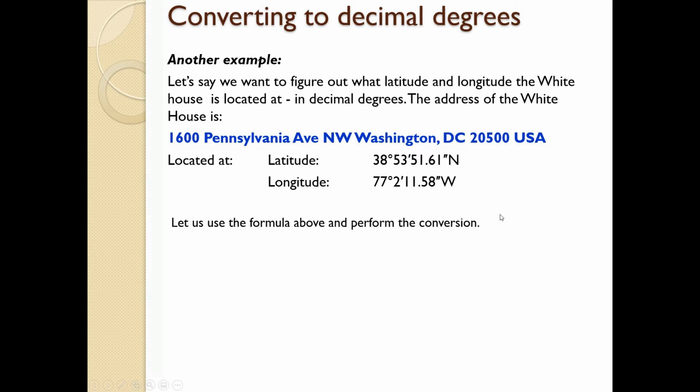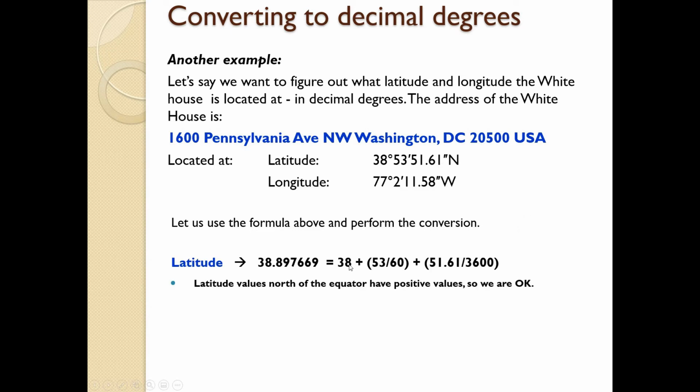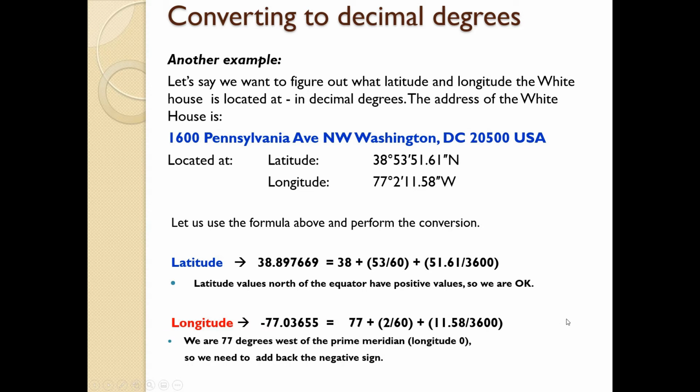All right, so how do you convert that? Well, 38 degrees plus 53 minutes over 60 plus 51.61 seconds over 3,600 gives you 38.897669 in a latitude.